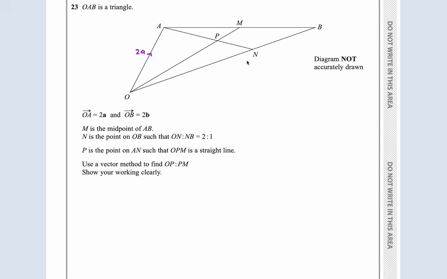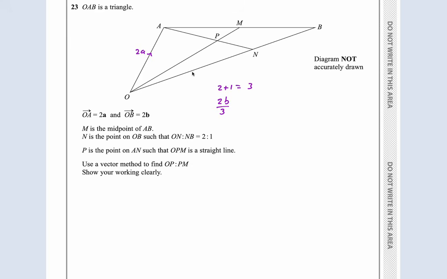So let's do this bit first, guys. Remember when we divide ratios? We do 2 plus 1 is 3, and then we divide the length by 3. This total length here is 2b, so I'm going to do 2b divided by 3, and times 2 for this one.